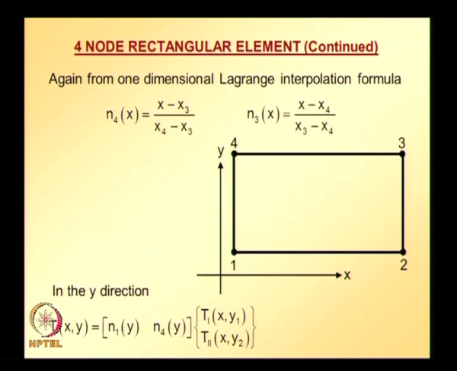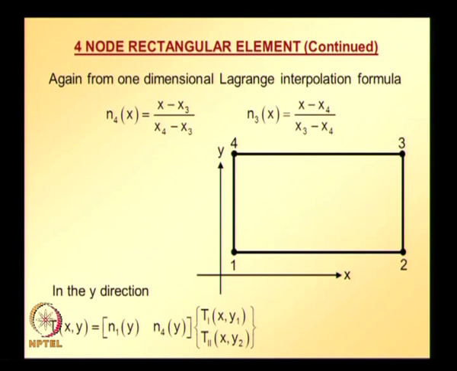So, once we know the value of field variable along side 1 2 and 4 3, variation of T in the y direction, that is along side 1 4 or 2 3, can be written as T is equal to n1 T1 plus n4 T2, which can be written in matrix and vector form in the way that is shown there.